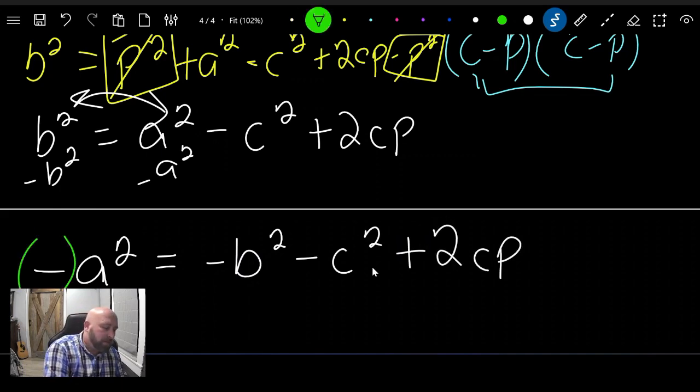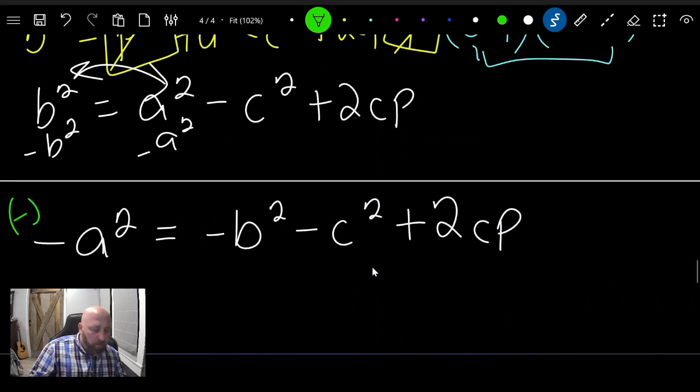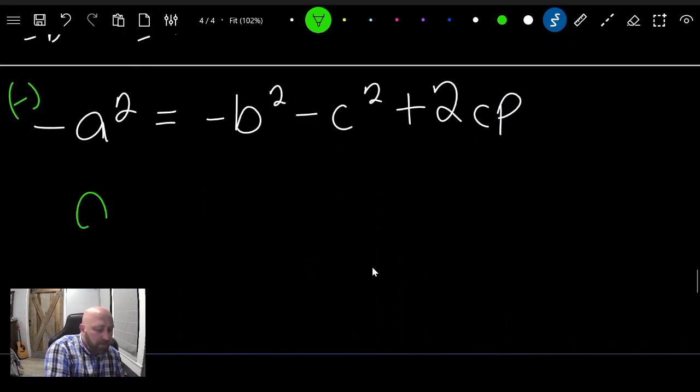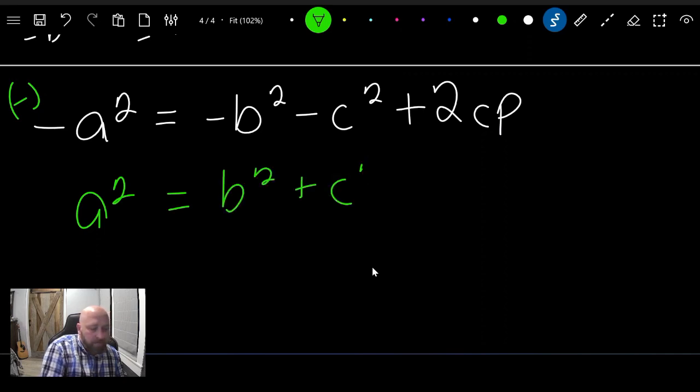Now, we don't like this negative out front, so we need to multiply everything by a negative all the way through. We're going to distribute it all the way through to get rid of that negative sign. So there's our positive A squared equals positive B squared plus positive C squared minus 2CP. All right, that's a ton of work, but that got us back to where we started from.